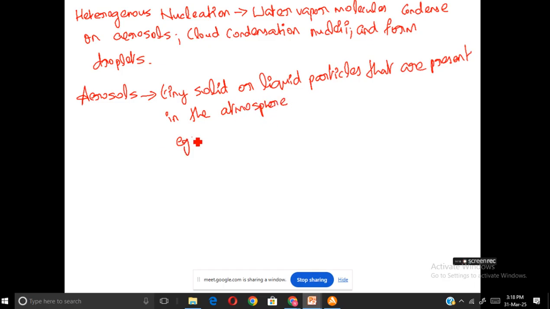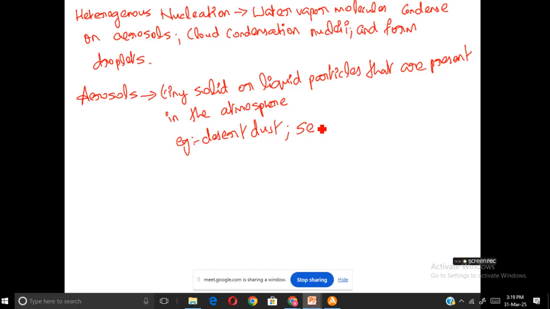The examples are desert dust, then the black carbon, the ash particles and all that is emitted from industries or vehicular pollution, and all those things are examples of aerosols.